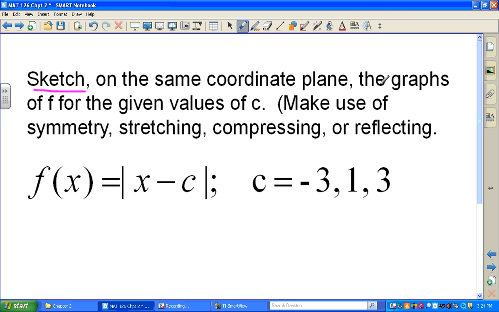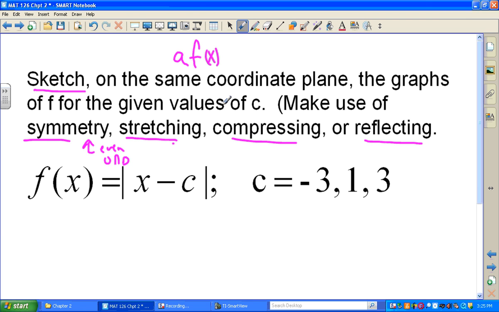Sketch on the same coordinate plane the graphs of f with the given values of c. Make use of symmetry, stretching, compressing, or reflecting. Well, symmetry we talked about, that's even or odd. Stretching is when you take a function f of x and multiply it by a number in front, a f of x.